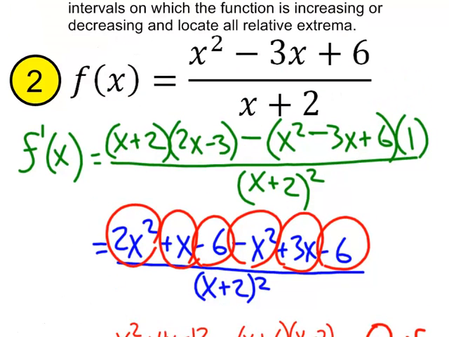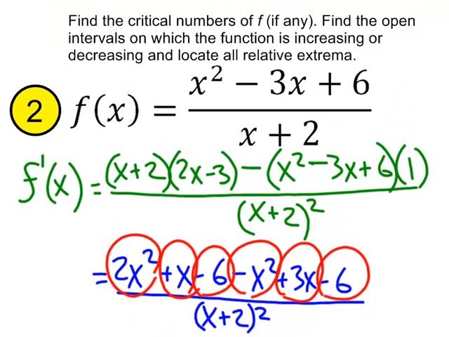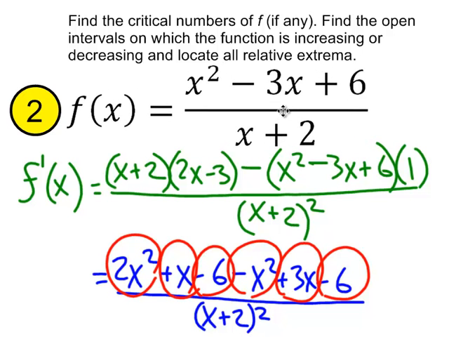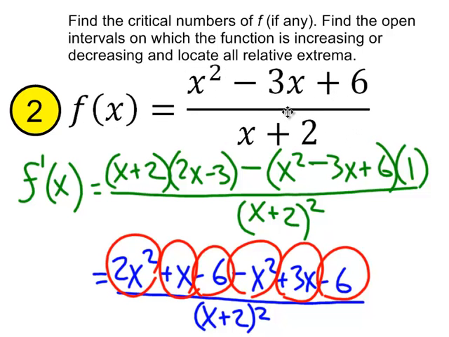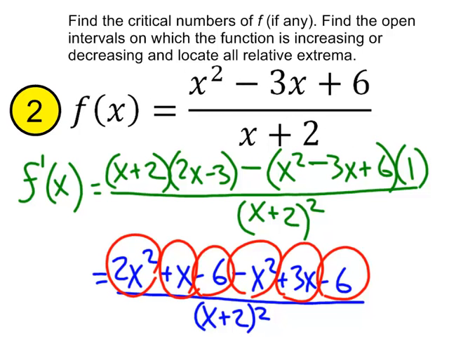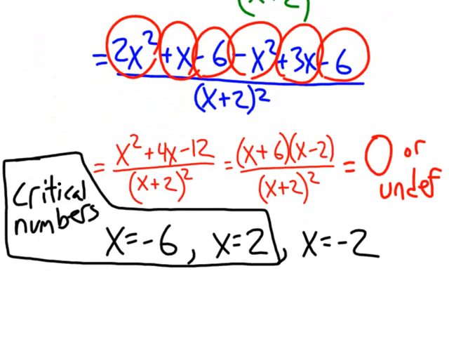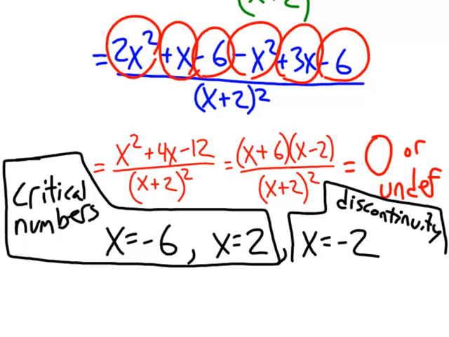Well, let's scroll back to the top and look at our original function. And remember that critical numbers have to be in the domain of the original function. Notice x equals negative 2 would not give us a real output. In fact, that's where we said our vertical asymptote would be. So we want to observe that x equals negative 2 in our next step for making intervals, but we will not call it a critical number. We'll maybe make a note that it's a discontinuity there.